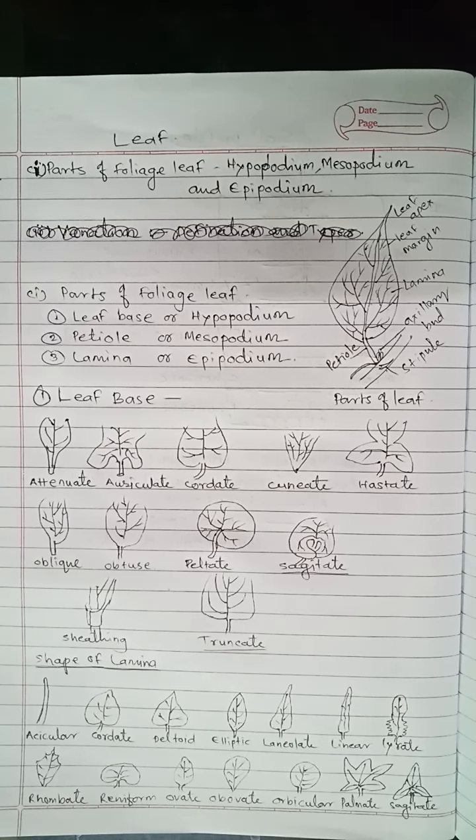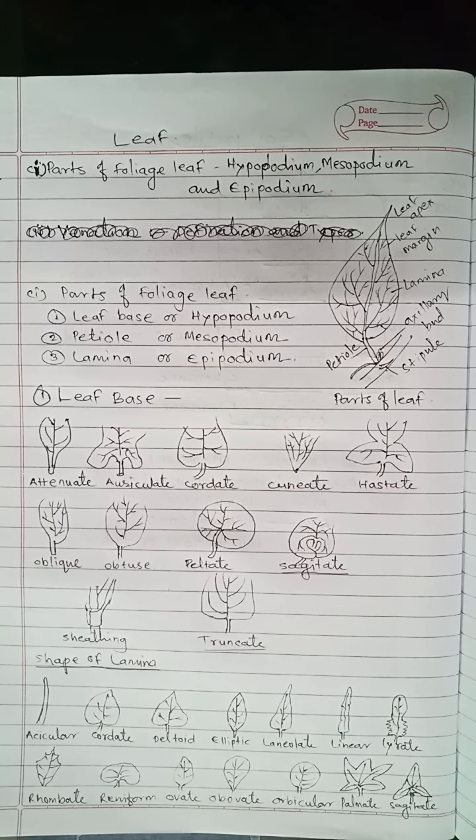Now the parts of foliage leaf. Leaf has three main parts: leaf base or hypopodium, petiole, also called mesopodium, and leaf lamina or blade, also called epipodium. In addition, it may possess two lateral outgrowths at the base called stipules.